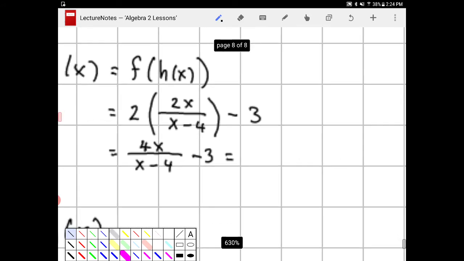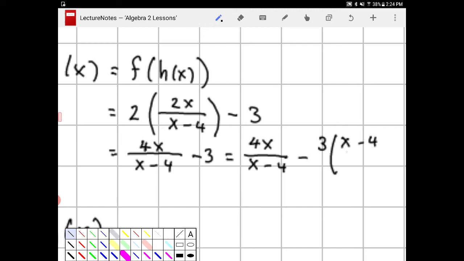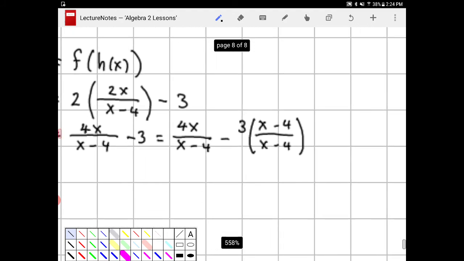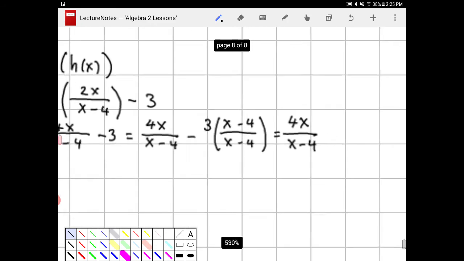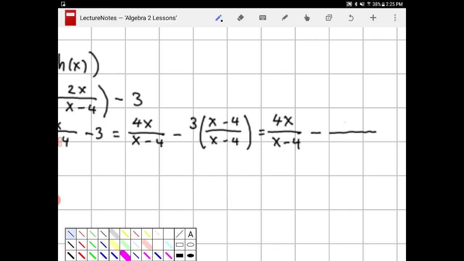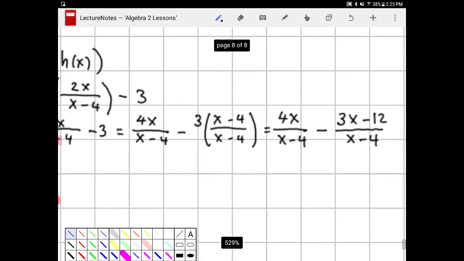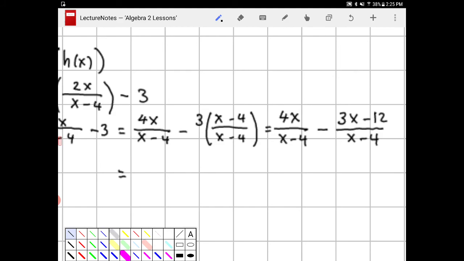I'm going to combine things together. So I get 4x over x minus 4 minus 3 times x minus 4 over x minus 4. And the result is 4x over x minus 4 subtracted by 3x minus 12 all over x minus 4. Since I have two fractions with the same denominator, I may combine them together.